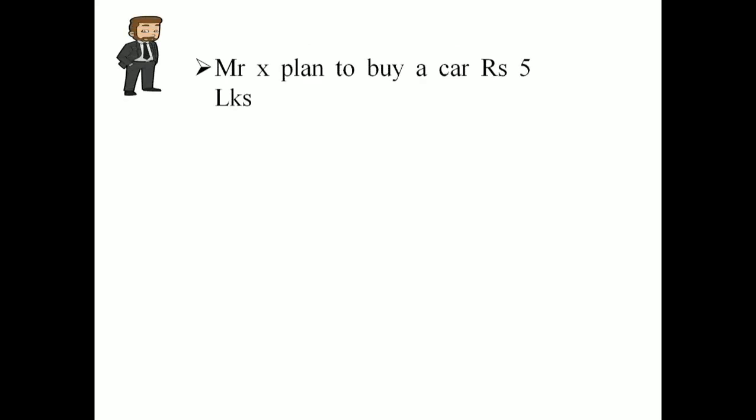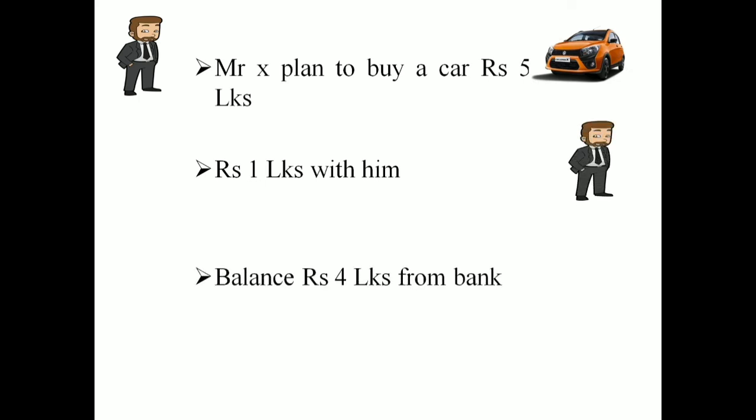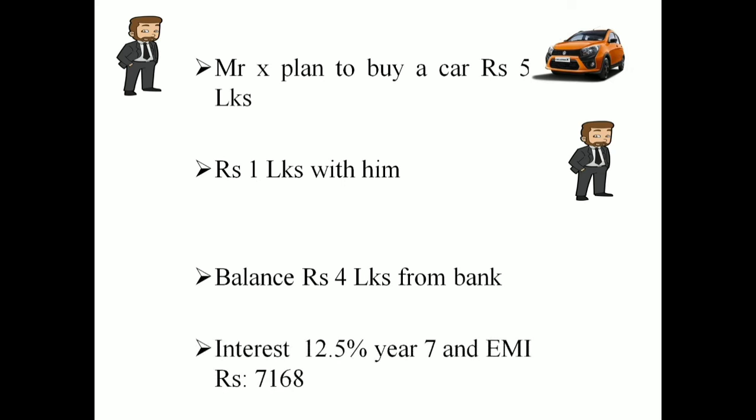Let us see. Mr. X plans to buy a car for rupees 5 lakh, and rupees 1 lakh is with him. So the balance, 4 lakh rupees, he has to take as a loan from a bank. On the 4 lakh rupees, there will be interest of 12.5% for 7 years, and the EMI is 7,168 per month.